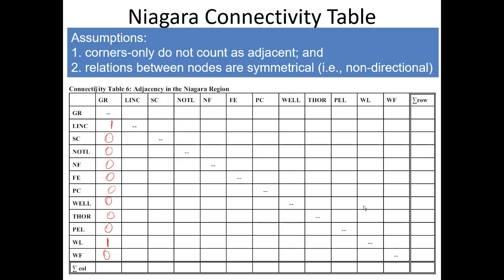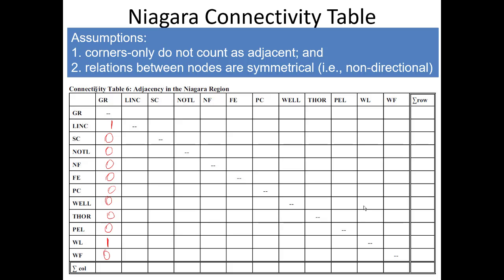Just to make it clear for people who are using the table at home, if we go down the left-hand side, GR is Grimsby, LINC is Lincoln, SC is St. Catharines, NOTL is Niagara-on-the-Lake, NF is Niagara Falls, FE is not Iron, but Fort Erie. PC is not a computer, it is Port Colborne.